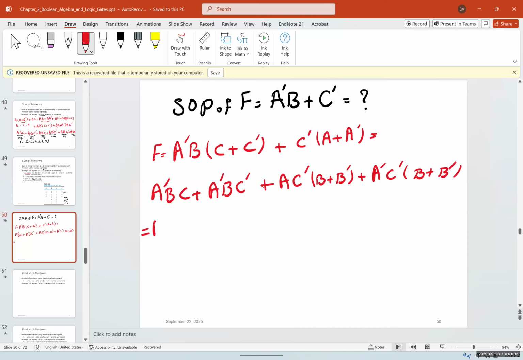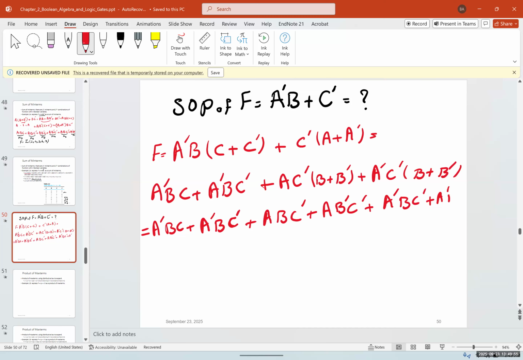This would be equal to a prime b c plus a prime b c prime plus a b c prime plus a b prime c prime plus a prime b c prime plus a prime b prime c prime.